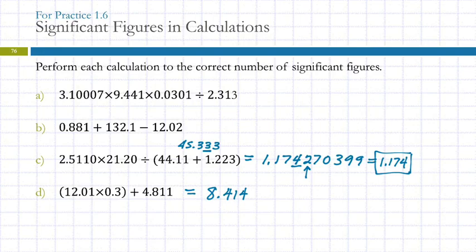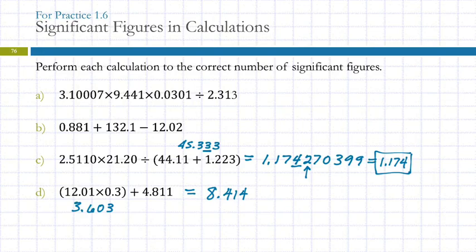I have multiplication and adding, so I have to look at those operations separately. So here I have multiplication. When I multiply 12.01 times 0.3, that gives me 3.603 as the result in parentheses.